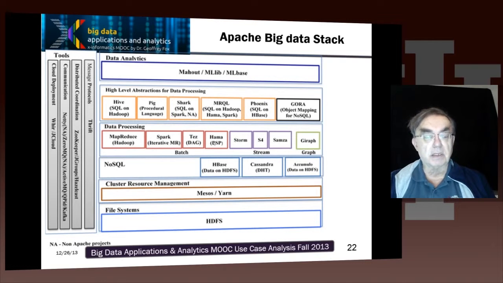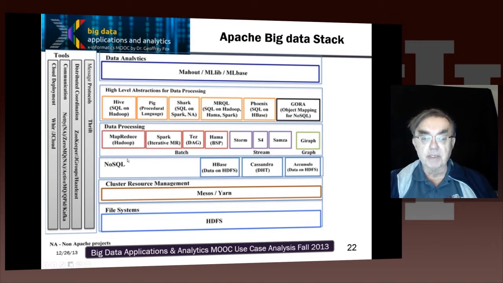This nice plot here gives the current state of the Apache Big Data Stack. We have at the bottom HDFS, the file system I mentioned. We have schedulers, because you have to schedule jobs on top of that file system, which are called Mesos and Yarn.